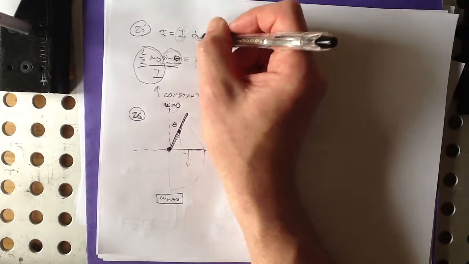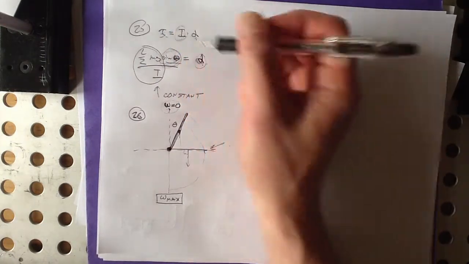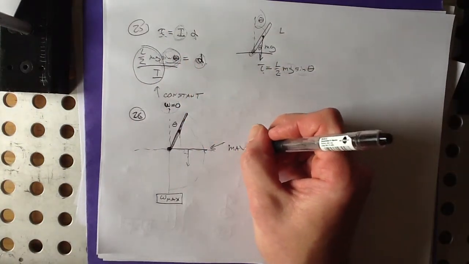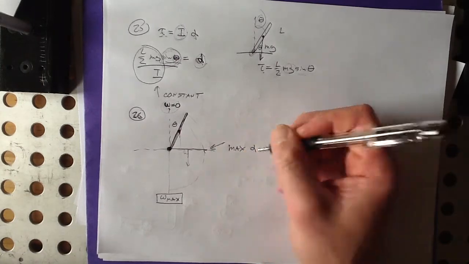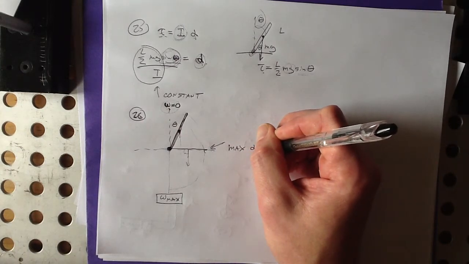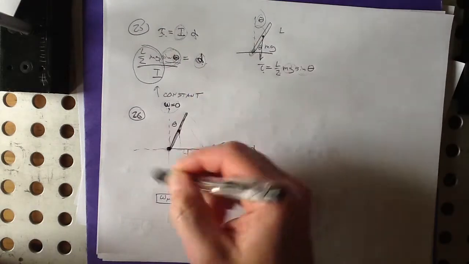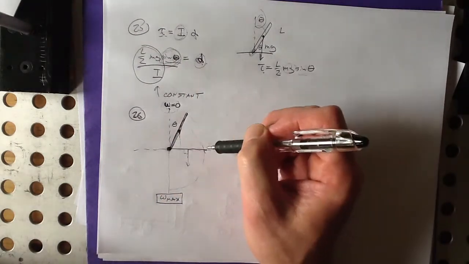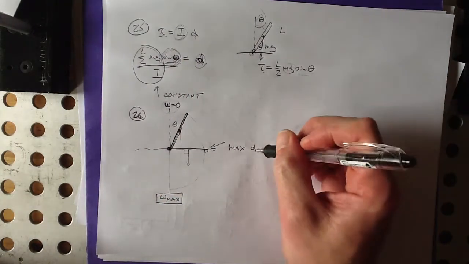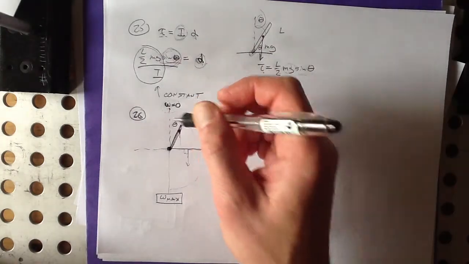And the torque and angular acceleration are just related by that. This is where we have maximum acceleration, right? And we're talking about this as a function of time now. So that's maximum angular acceleration. So that's where this would be the steepest.